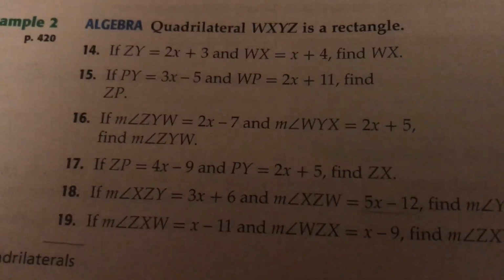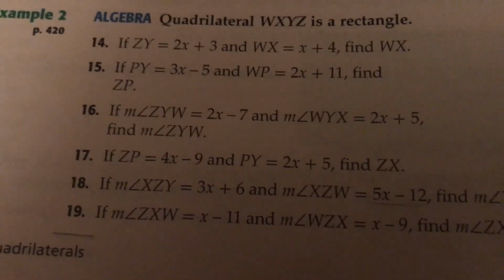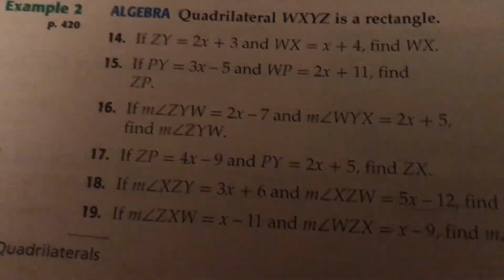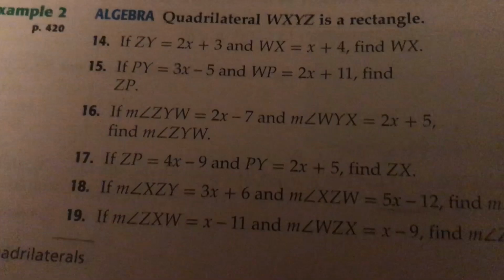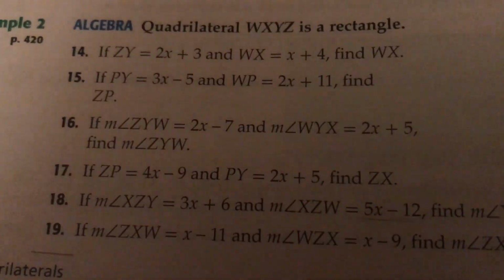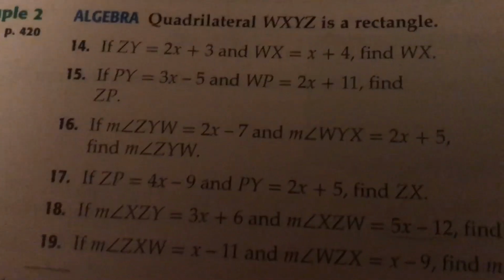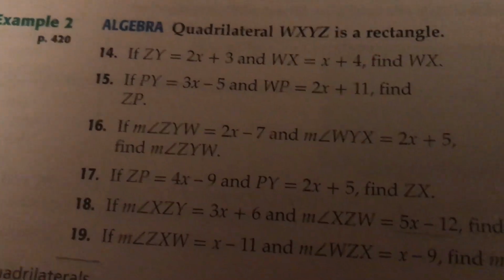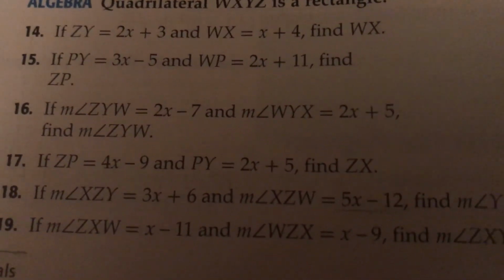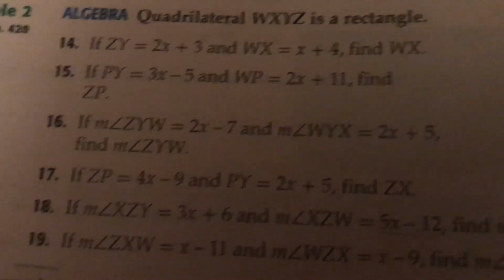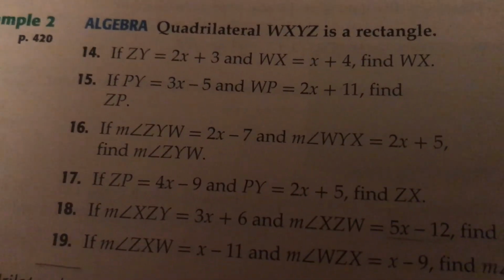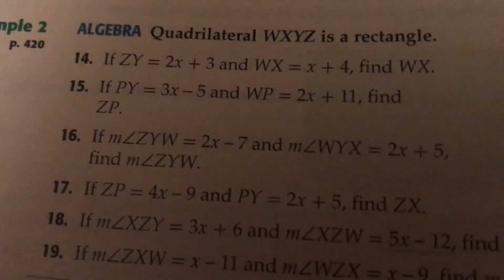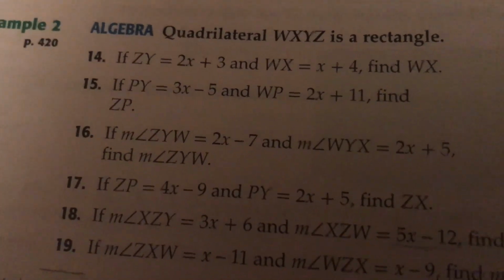If the measure of ZYW equals 2x minus 7 and the measure of WYX equals 2x plus 5, find the measure of ZYW.